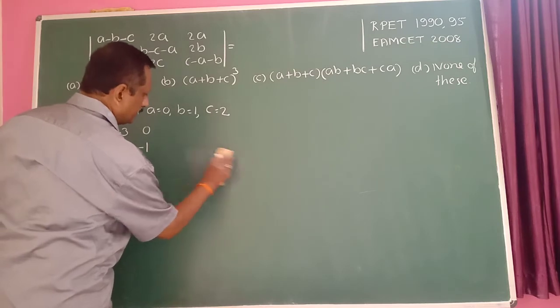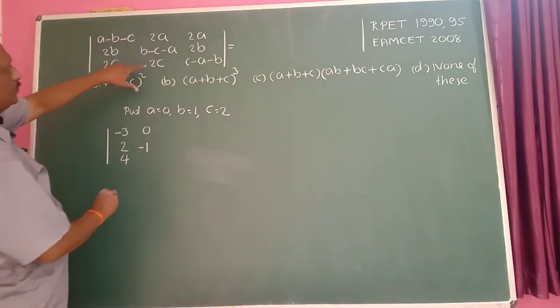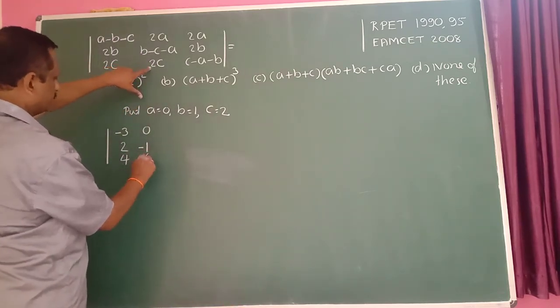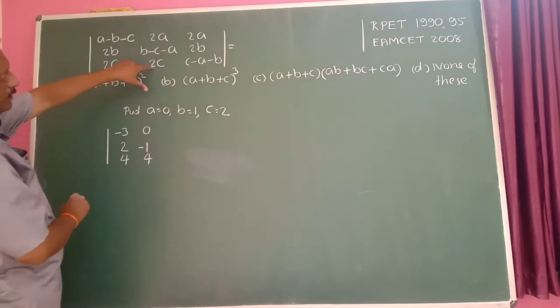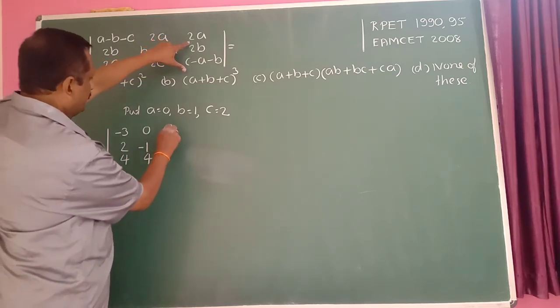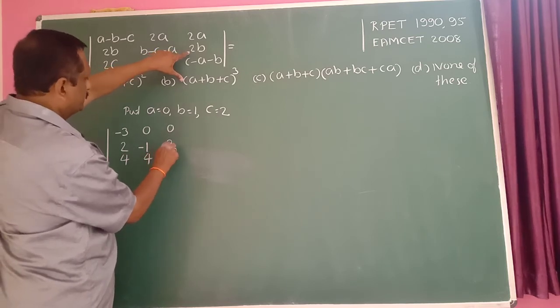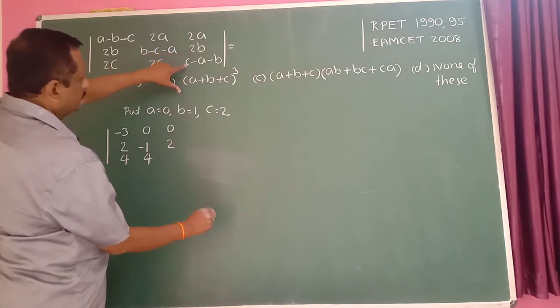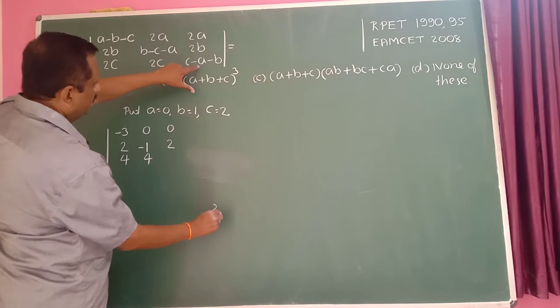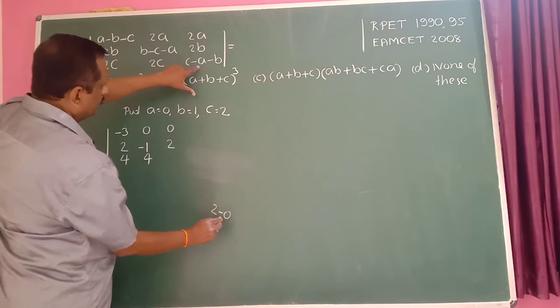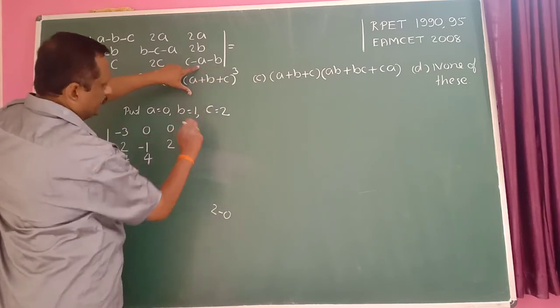It's a minus 1. Then 2 into C, 2 into 2 becomes a 4 here. Then 2 into A, again it is a 0. 2 into B, 2 into 1 becomes a 2 here. Then C is a 2 here. A value is 0 and B is a 1 here.